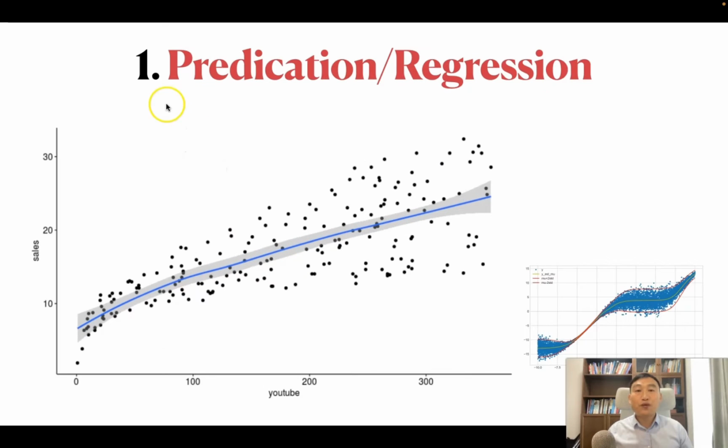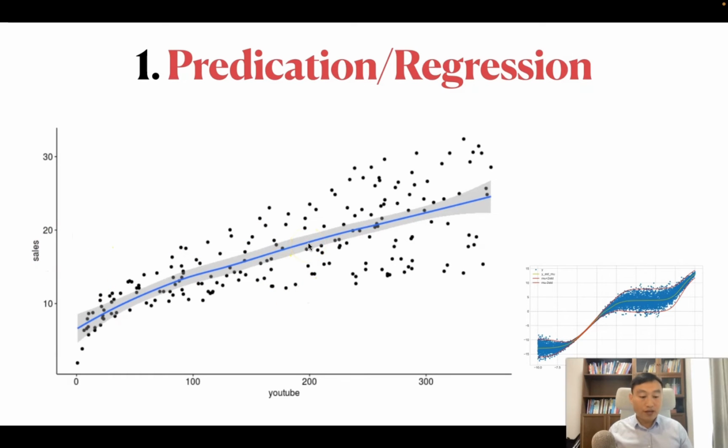Problem number 1, prediction or regression. In this diagram, x-axis represents YouTube advertising cost and y-axis represents sales. If we can find a formula or a model to proxy the relationship between advertising cost and sales, then if we want to double or triple our advertising cost, we can use it to predict our sales.